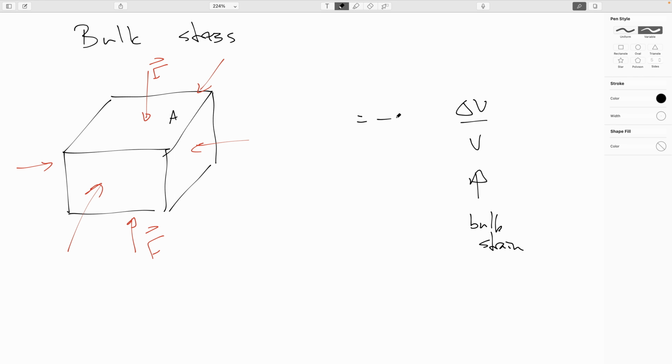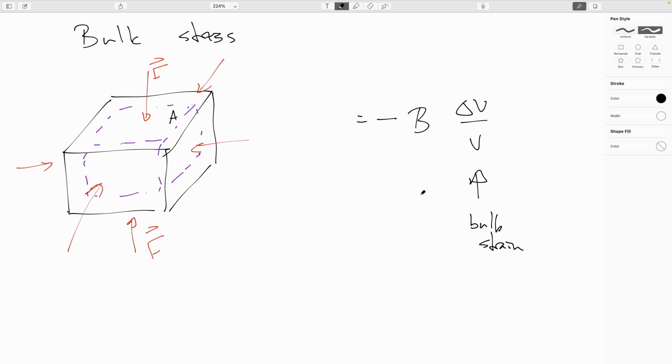And usually people throw in a minus sign here because under a bulk strain, my object is going to get smaller. Since they like to keep the stresses as positive numbers, but my delta V is negative, usually they stick in a minus sign like so.